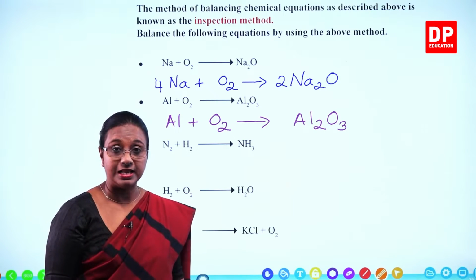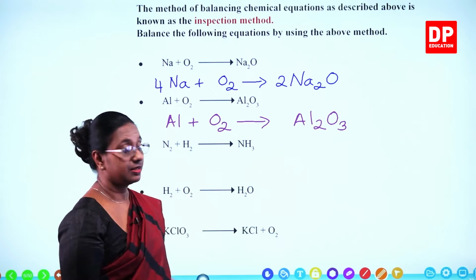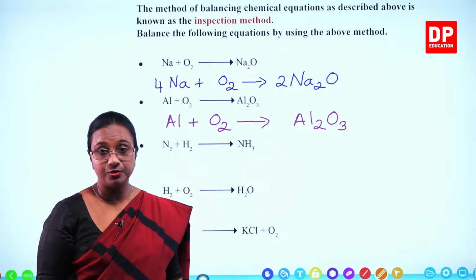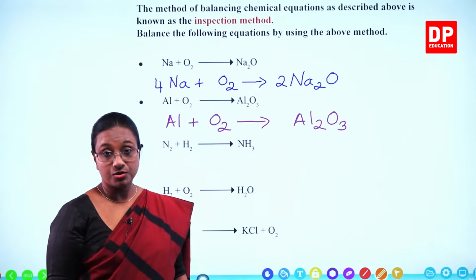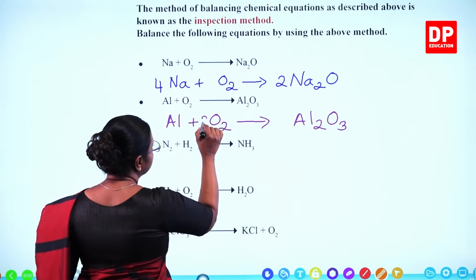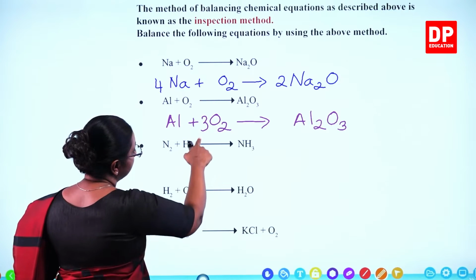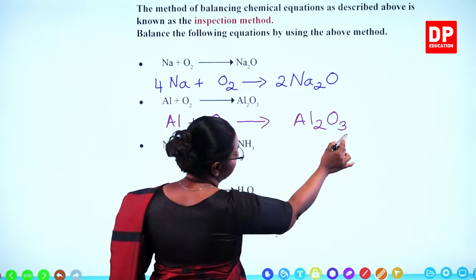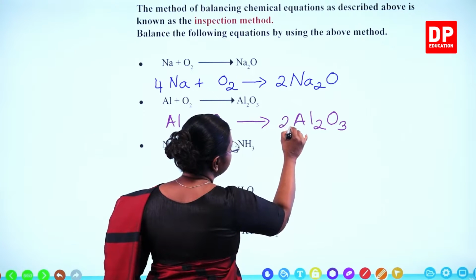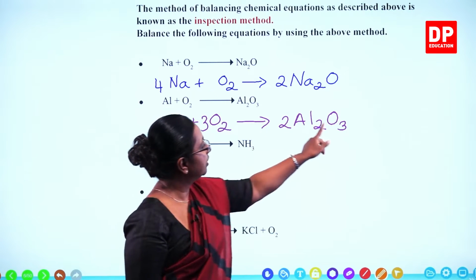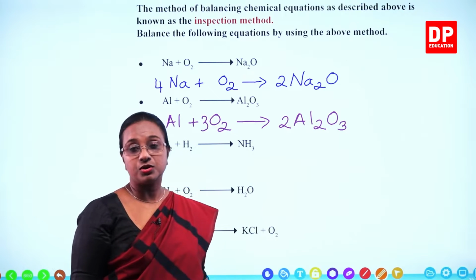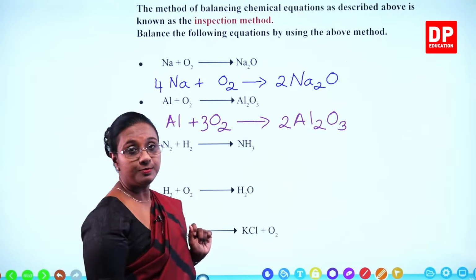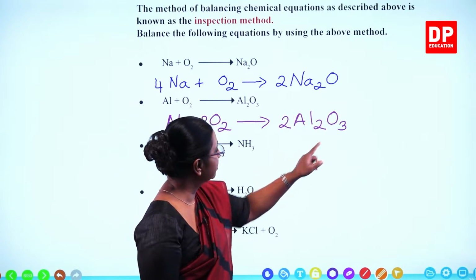It's easy to balance. So, to make this 6, what can we do? O2, if you had 3 O2 molecules, there will be 6 oxygen atoms. So, we put a 3 in front of O2, 3 O2. To make this also 6, you have 3 oxygen atoms, if we put a 2 in front, 2 into O3, there are 6 oxygen atoms. Now, the oxygen atoms are balanced. How about aluminium? We have 2 Al2O3.